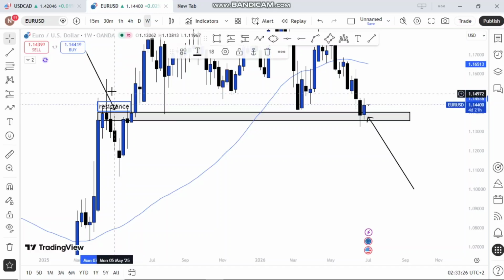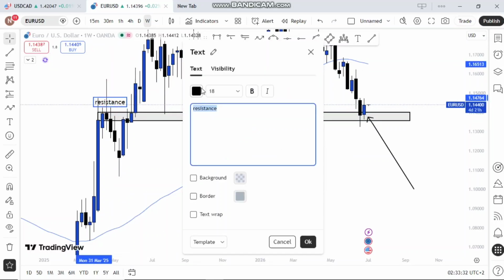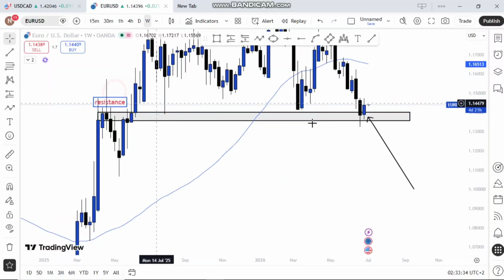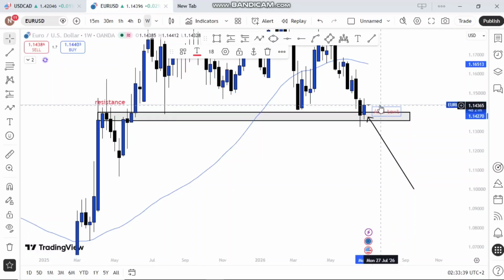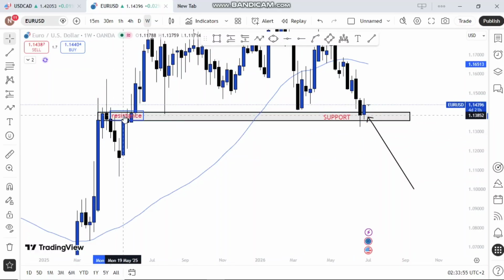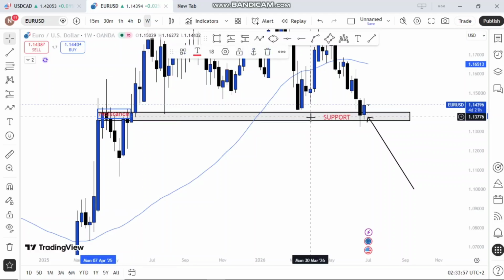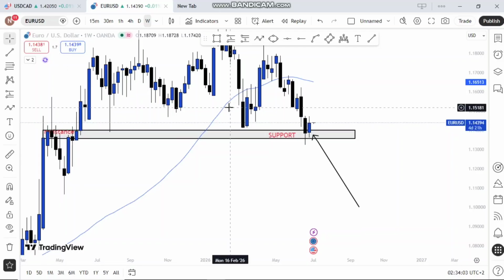Let me place it where it can be seen. This is resistance, and this is support. Previous resistance was broken and then it became support. So these two zones are aligning perfectly on the weekly chart.